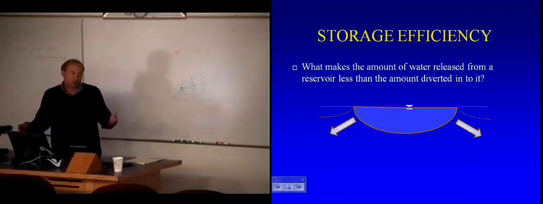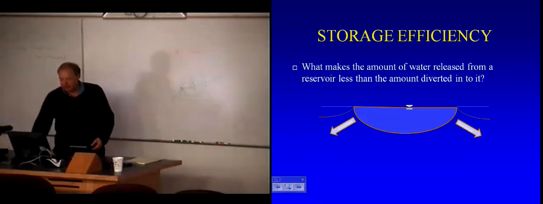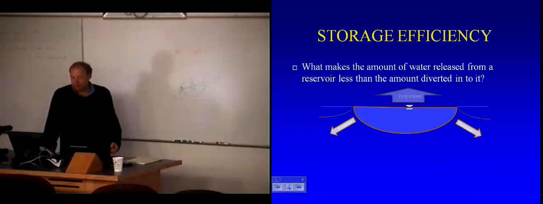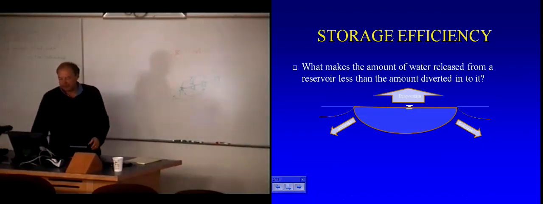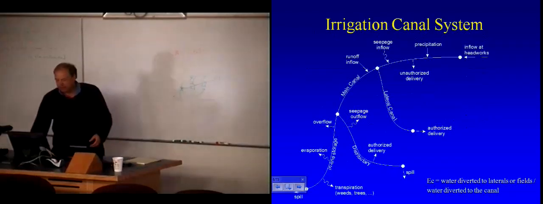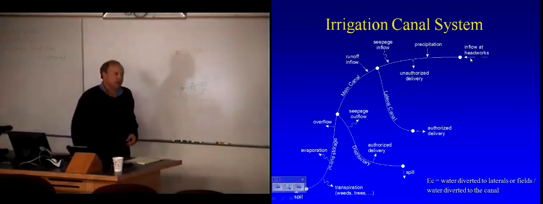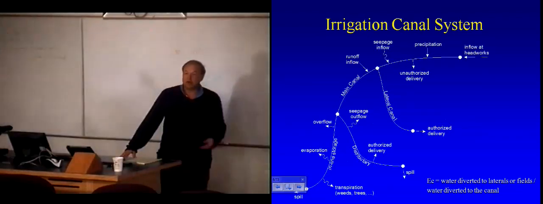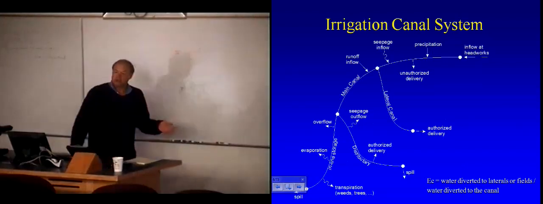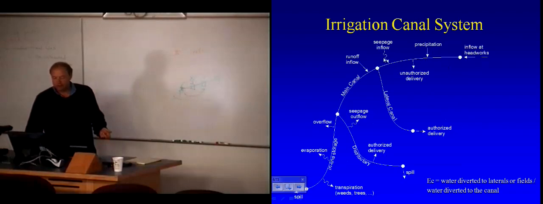If you divide by the amount of water that went in here, you would have a measure of how much loss was in the system. But the difference could be because there's seepage going into the groundwater, which doesn't mean that it's lost.